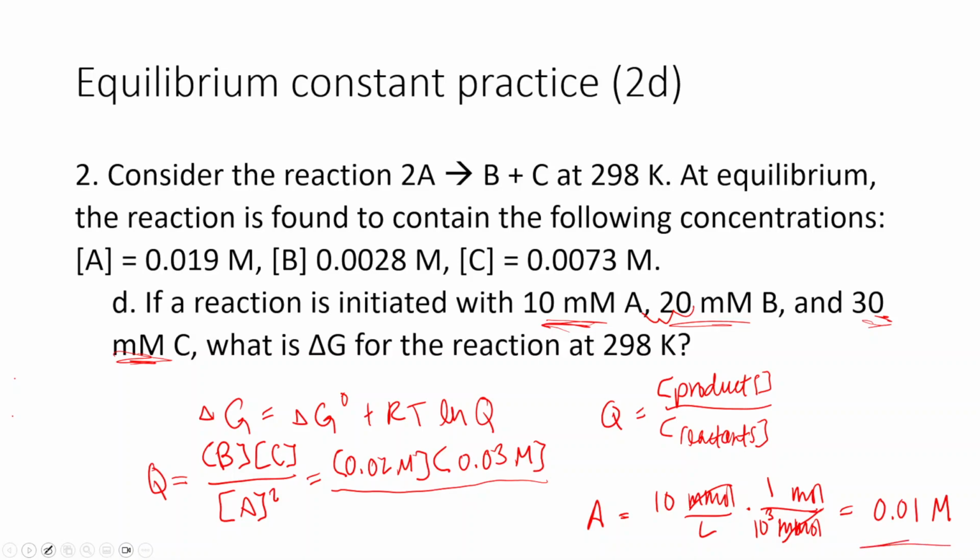That's what we used for the example, so we have 0.01 molar, and that's squared because you have 2A in your equation. Does that make sense to everyone how we got here? Okay. So does anybody have a number for what Q is?